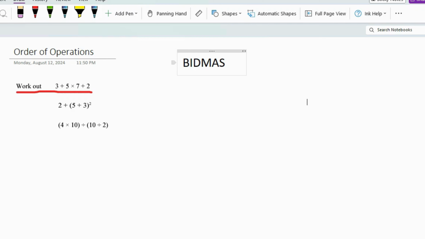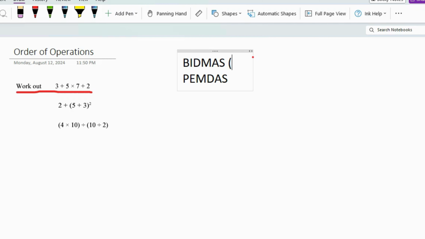In GCSEs, you call it BIDMAS, or there is another term used for it, which is called PEMDAS. So according to this technique, let's write it down here.